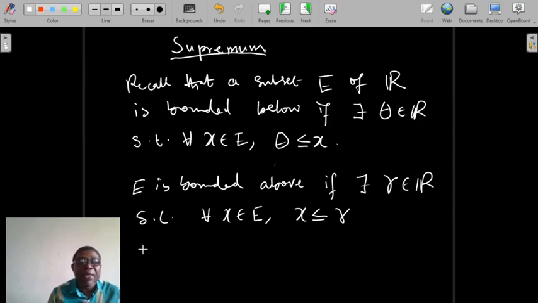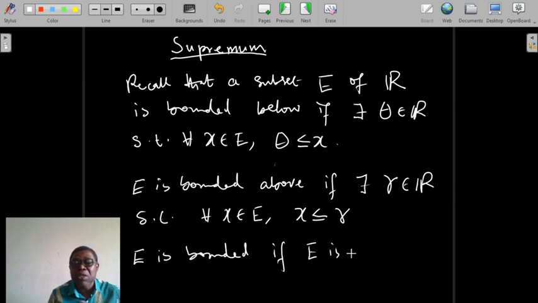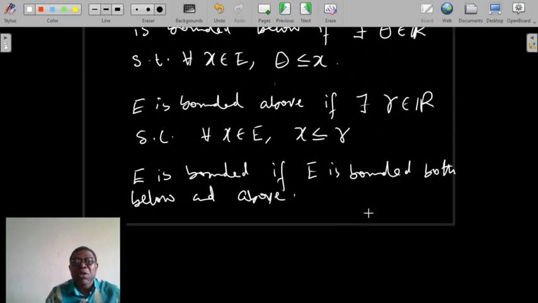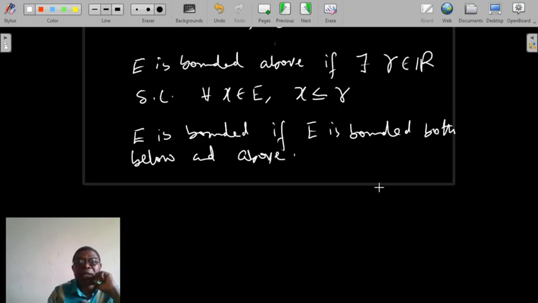And then we say that E is bounded if E is bounded both below and above. These are part of what we saw in our last lecture.